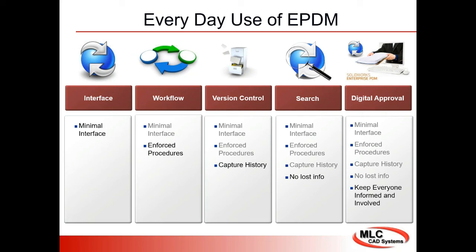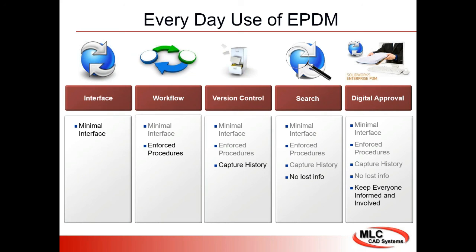The version control is automatic. When I push something through, when I add it to the vault, when I make a change, the software is constantly prompting me and asking me to add notes to what's going on. I'm capturing that history and keeping track of all the old versions all the way through. It's making it easier to search because I'm naming these files, because I'm adding properties such as cost information, vendors and part numbers.